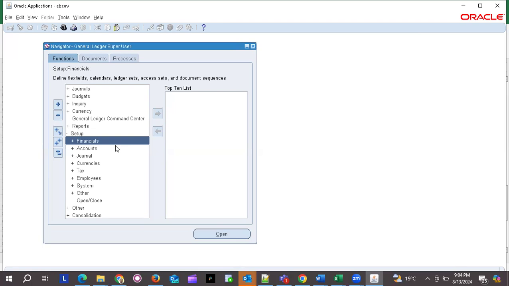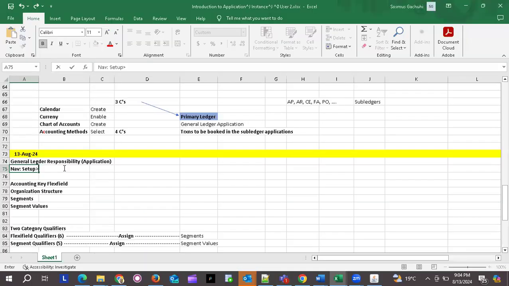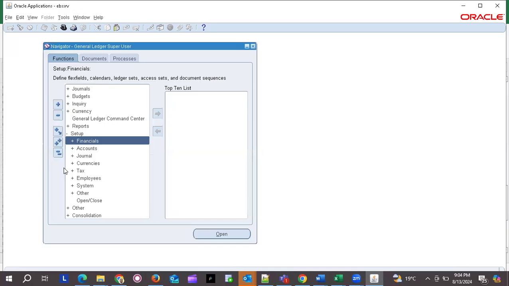Setup, Financials, and expand that submenu.